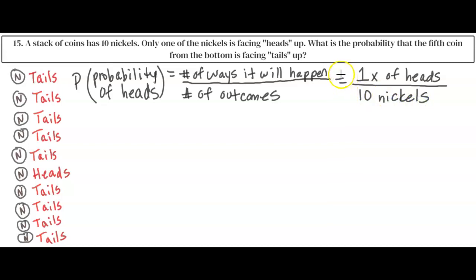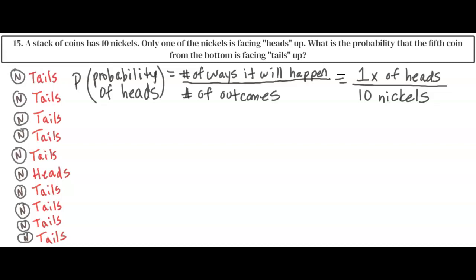So now the question is, what is the probability that the fifth coin from the bottom is facing tails up? Now, first of all, pardon my artistry, on the left-hand side I wrote down, quote-unquote, 10 coins, and they're all nickels, labeled as N to the left.